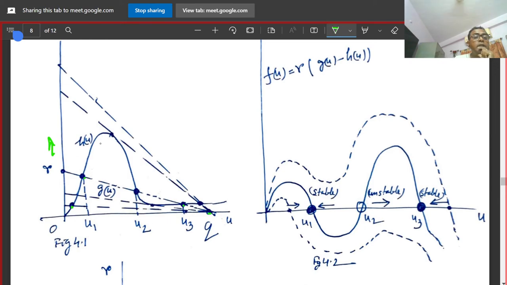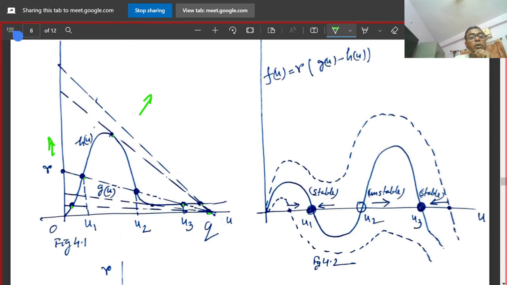Then we further increase it in the clockwise direction, and the straight line touches the curve h(u) at this point. So u1 and u2 coincide at this point, and u3 is here.